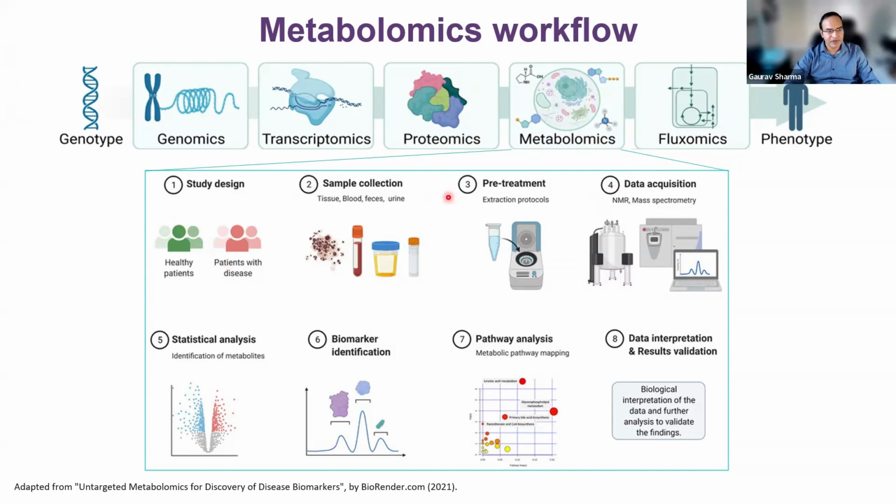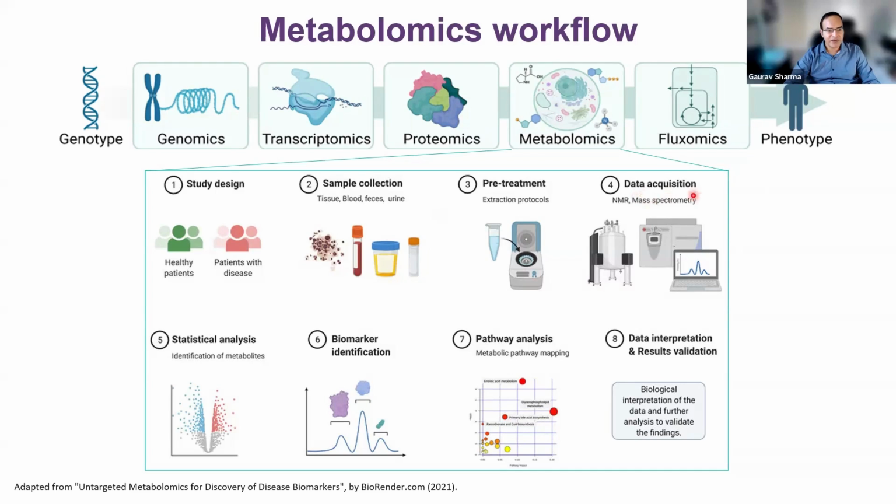Typically, in the metabolomics workflow, we design a study, for example, from the patient perspective, healthy patients versus patients with disease. We do a sample collection. Typically, these are tissue, blood, feces, or urine. Then we pre-treat these samples, meaning we do the metabolite extraction.